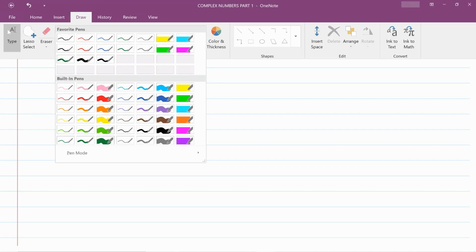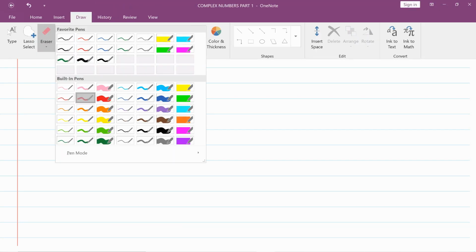Now, since we were able to write complex numbers in terms of e, I'm saying that z is equal to r e to the power i theta.